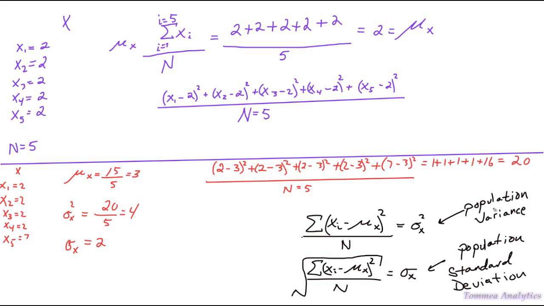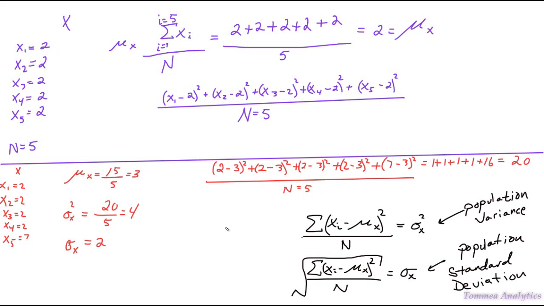So here are the formulas for the population standard deviation and population variance. The calculations that we did earlier were for population variance, but all we have to do is take the square root of that to get the population standard deviation. Now, a very important thing to keep in mind with these formulas is that you want to use subscripts to reference the variable that you're dealing with.